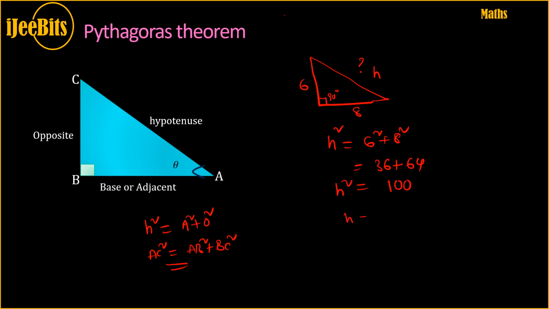So H means square root of 100, which is equal to 10. So 10 units is your hypotenuse. So 6, 8, 10: if a triangle has these sides, you must think that this is a right angle triangle.